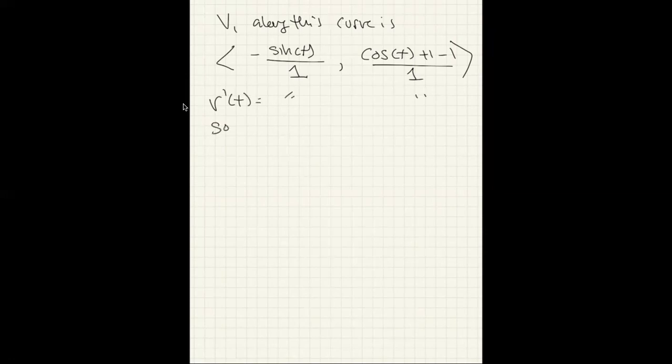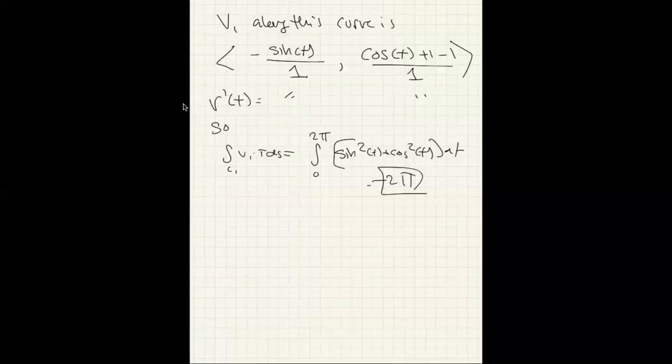So the integral over C1 of V1 dot T ds really turns out to be the integral from 0 to 2 pi of sine squared of t plus cosine squared of t dt. You know that's 2 pi. So we've discovered what the value of V dot T ds is.